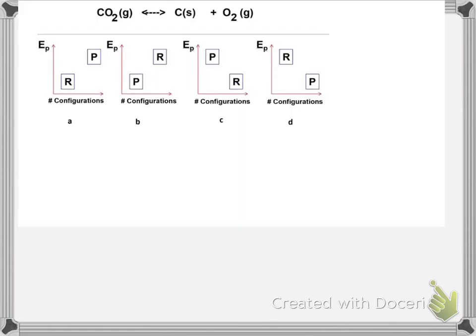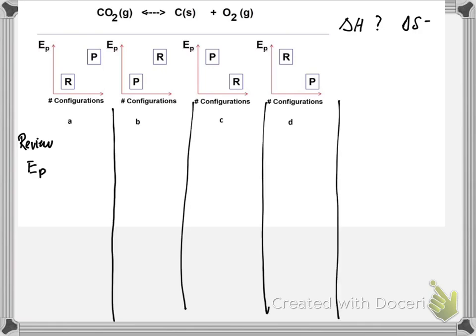All right, so we had this reaction in class, and we're going to walk through a similar type of analysis here. What is delta H? What is delta S? And so from the potential energy side, it might have been a little challenging to follow the small changes in the previous slide. So here I'm doing it a little bit bigger so you can see.